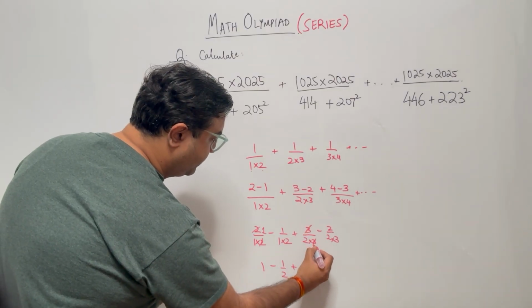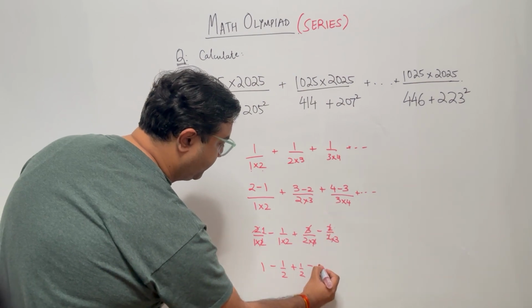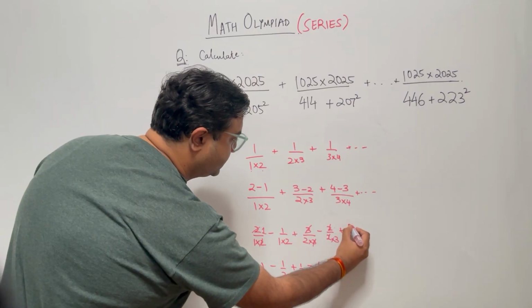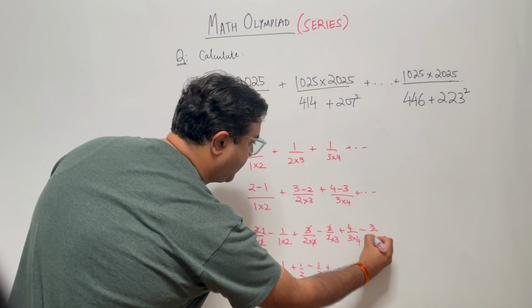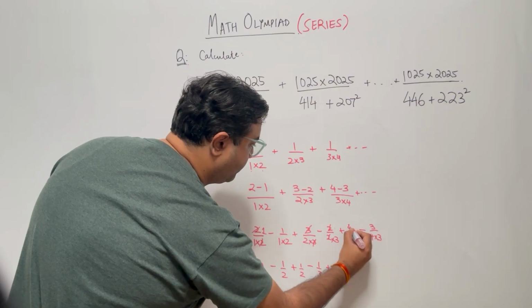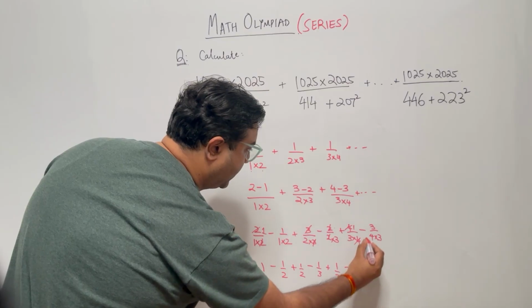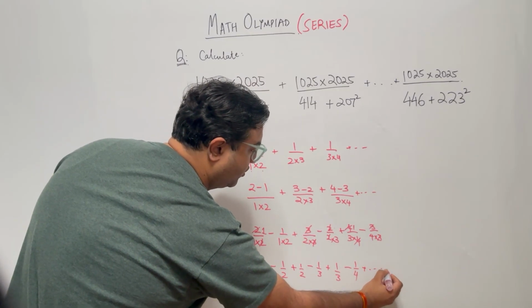Now this one will give us again 1 by 2, and this will give us 1 by 3. Then the next will give us 1 by 3 minus 1 by 4, and so on.